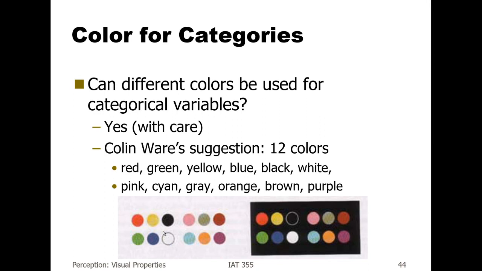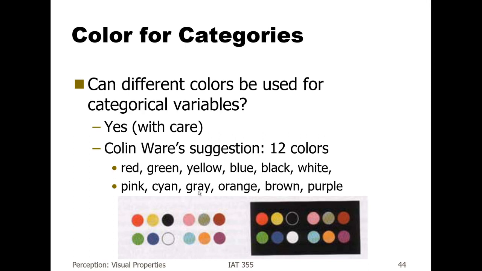They're the colors you might name if you were asked to name some colors. They're the primary colors, the additive primaries, red, green, and blue, with the addition of yellow. If you wanted 12 colors, you would add pink, cyan, gray, orange, brown, and purple.